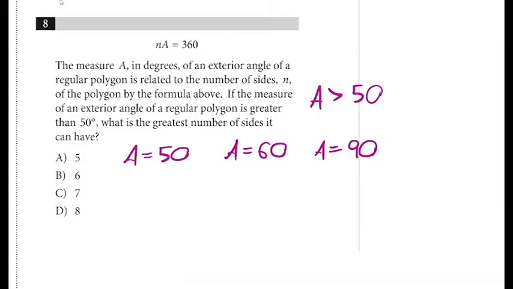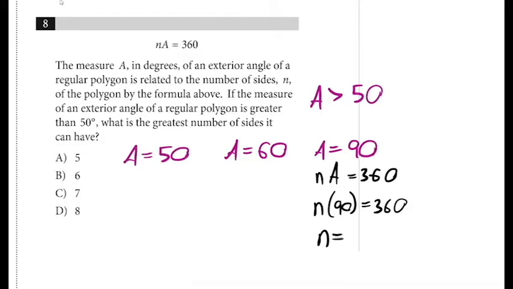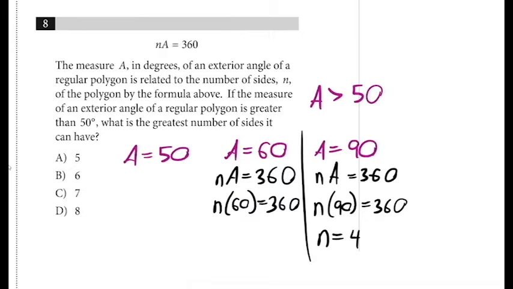For the 90, we have nA equals 360 and A is 90, so that would give us n times 90 equals 360. We can divide both sides by 90 and we'll get n equals 4. Now let's try it for A equals 60. Once again, n times A equals 360. A equals 60, so we plug that in, and then we divide both sides by 60 and we get n equals 6.